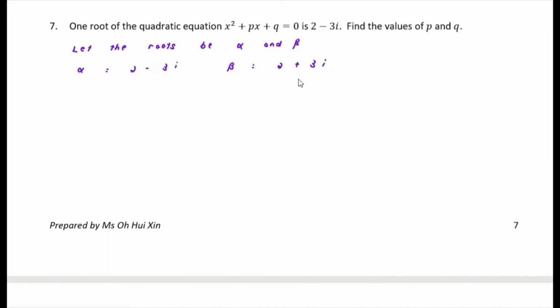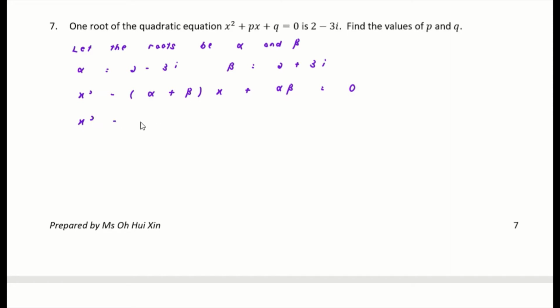After I get this, I can use the properties of roots that I learned in quadratic equations. We know that the form of the quadratic equation is x squared minus (alpha plus beta)x plus alpha multiply beta. This is what we learned in P1, I hope that you still remember. So by using this, we substitute the information given.